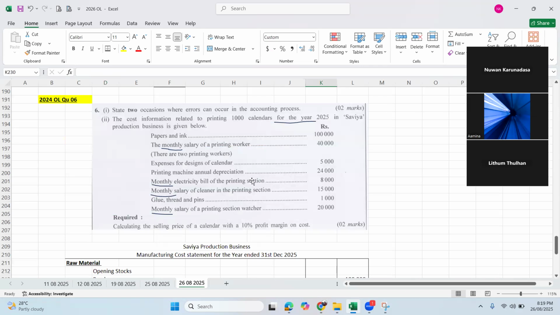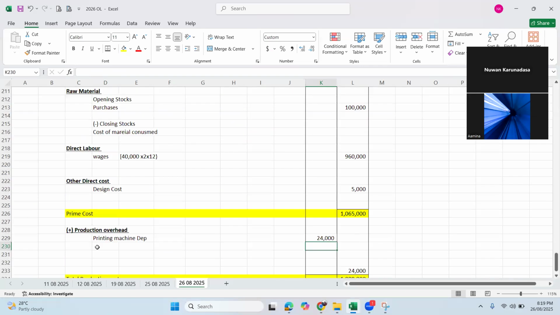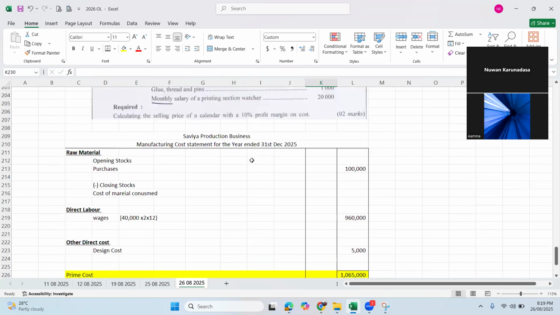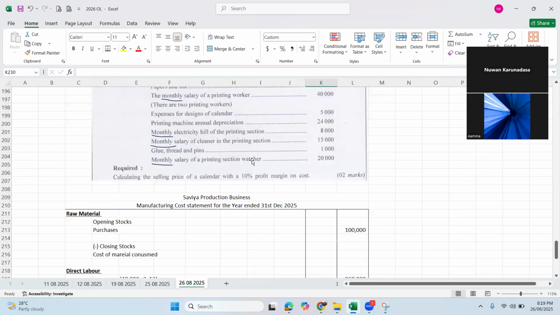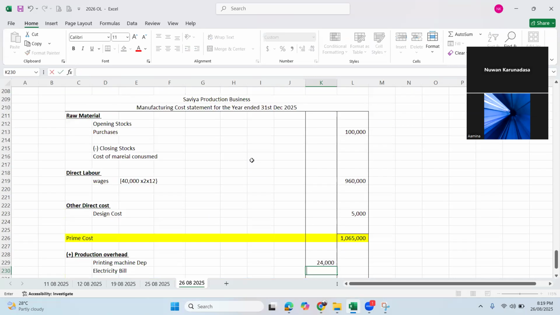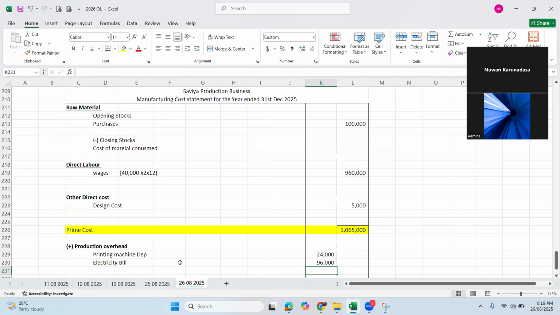Monthly electricity bill 8,000. Then the electricity bill, 8,000 into 12.